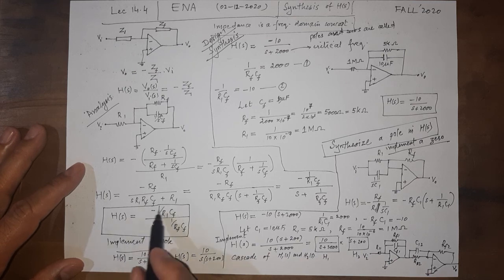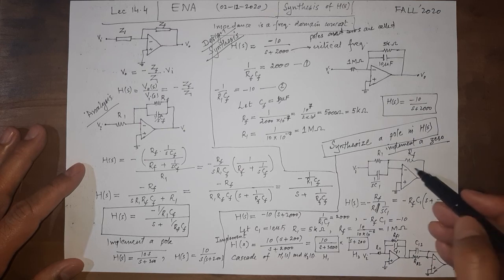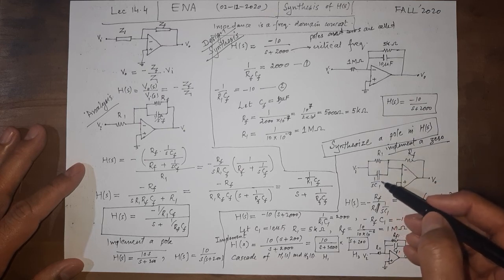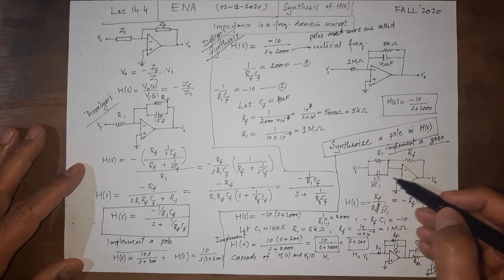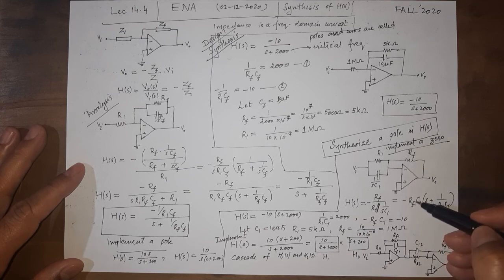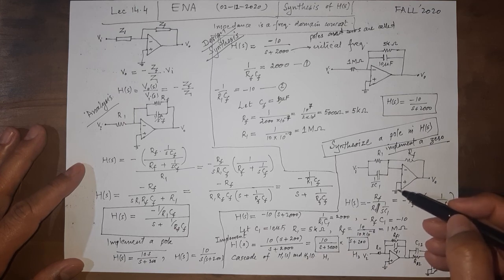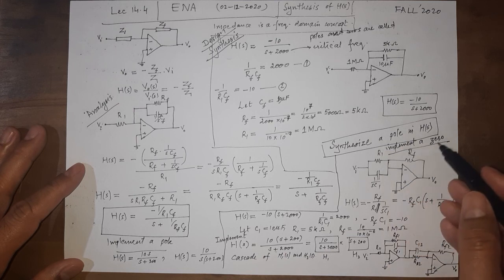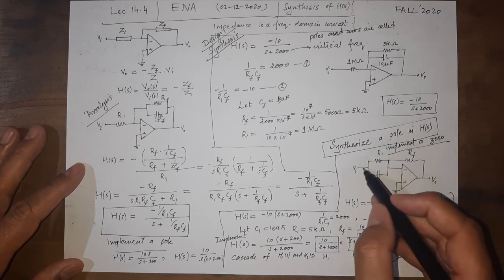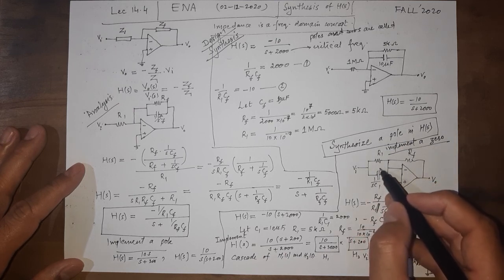So you see this is used to implement a pole. This is used to implement a zero. If we have a parallel combination of R and C, we implement a zero that is not at origin. But for a zero at origin, we just take the capacitor at the input here.